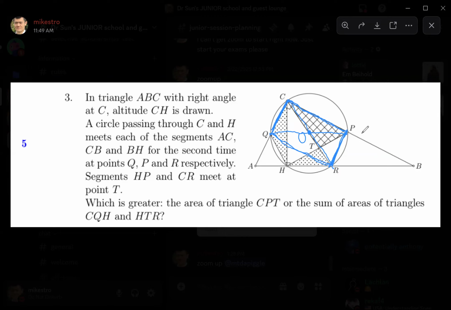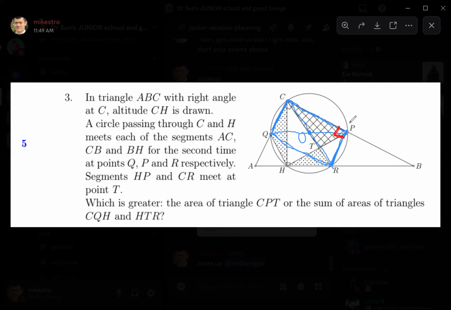Because it looks like a rectangle. And also, because we already proved that CR is the diameter, that means CPR is 90 degrees.